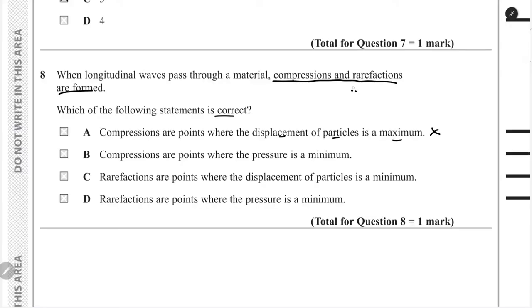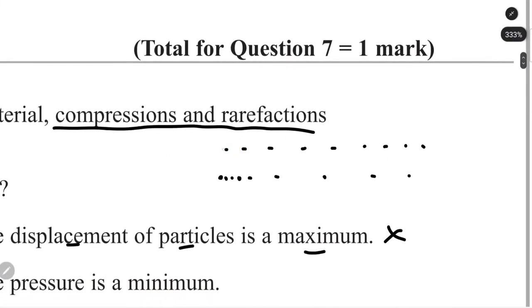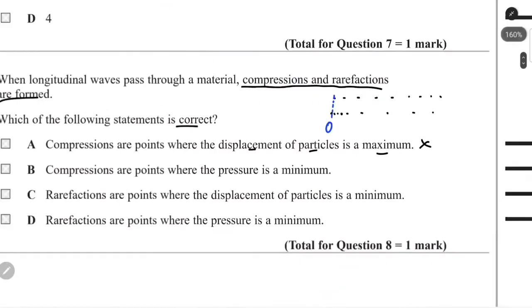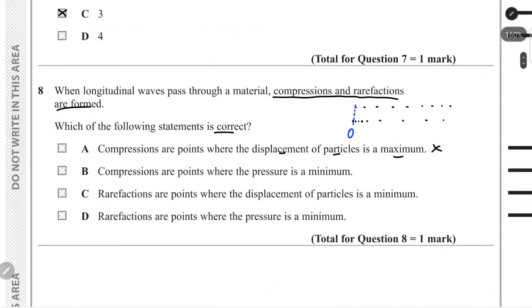If I compare two cases, so this was before the wave formed, and after the wave formed, this is the compression, this becomes the rarefaction. If I look over here in the compression, the displacement of the first point over here will be 0. The displacement is 0 at compressions.